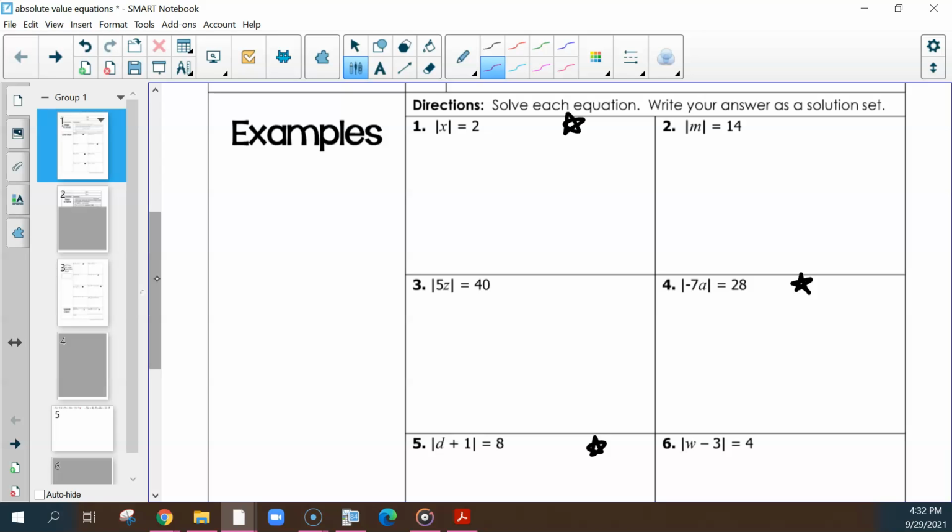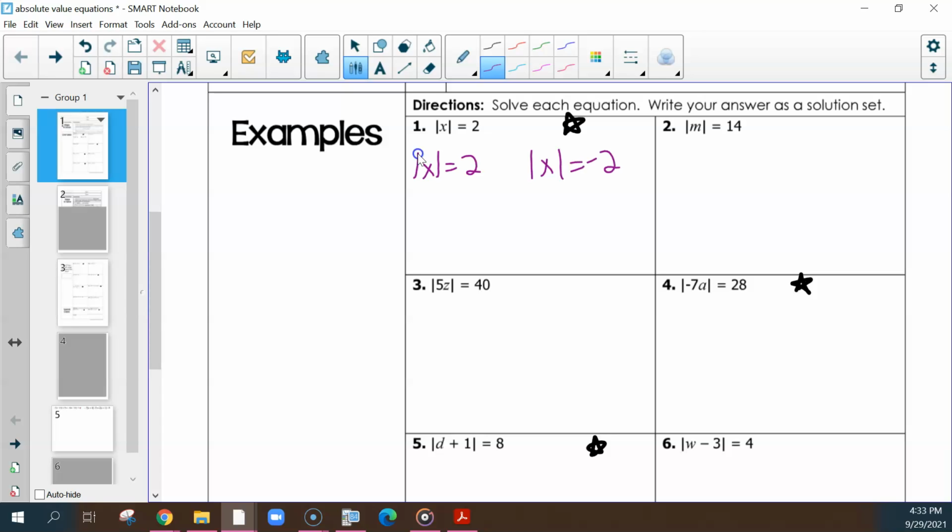So number 1, there is nothing by the absolute value signs. So I can say it's isolated. And I'm going to set it equal to both the positive 2 and the negative 2.